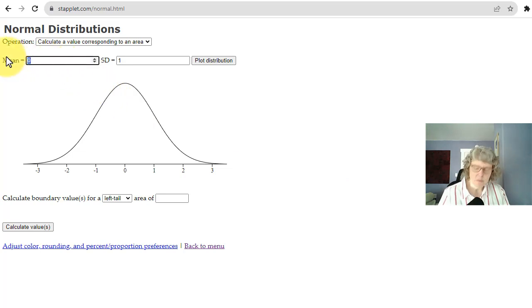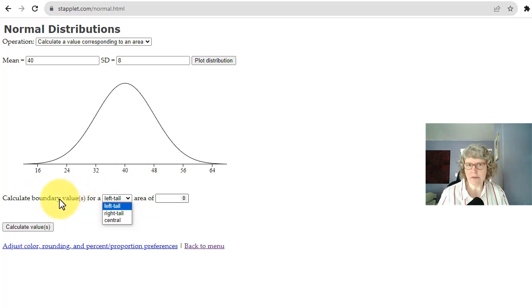Let's put in our model: 40 goes in for the mean, 8 goes in for the standard deviation. Now it's going to ask me different questions, because I'm doing the inverse. It's asking if I want to calculate a boundary value.